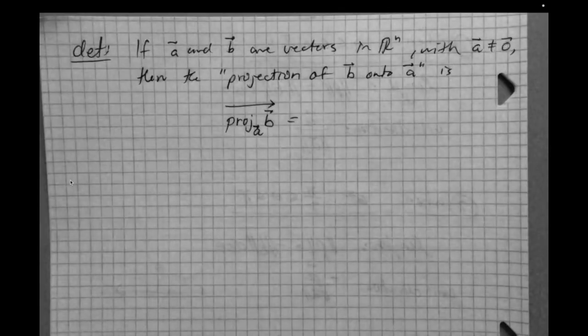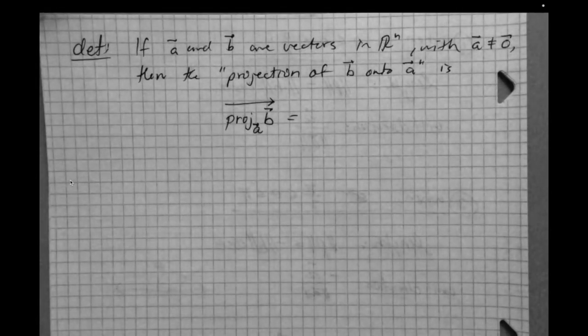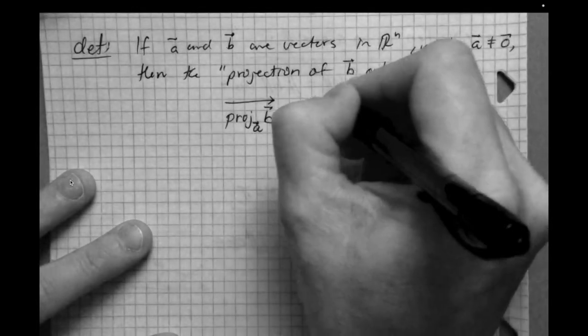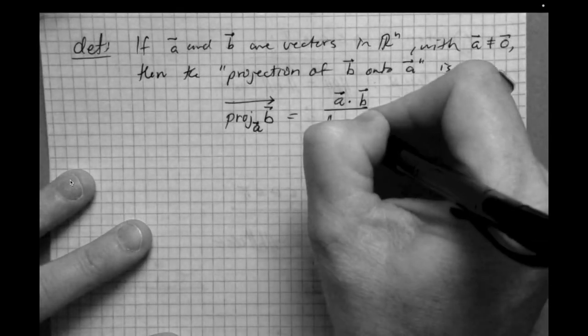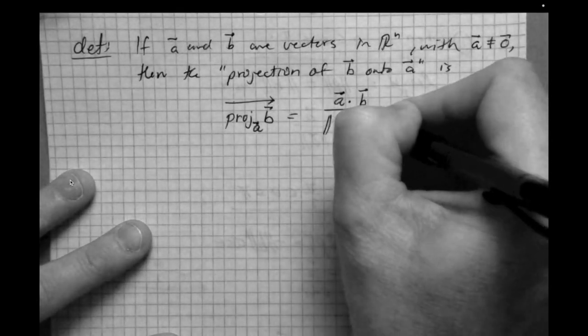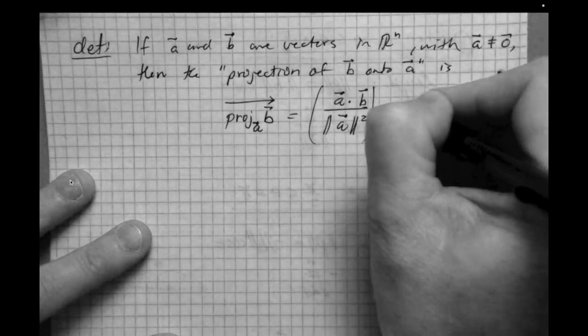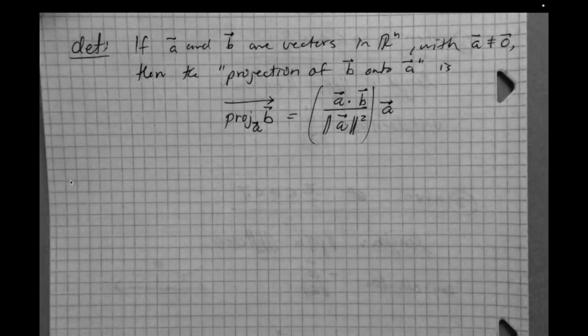Again, this is a vector. It's what we were previously referring to as P. And that's equal to what we just saw: A dot B divided by the norm of A squared, that's a scalar, times the vector A. So that is the definition of the projection.